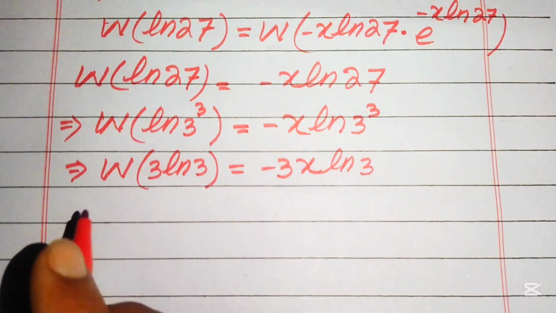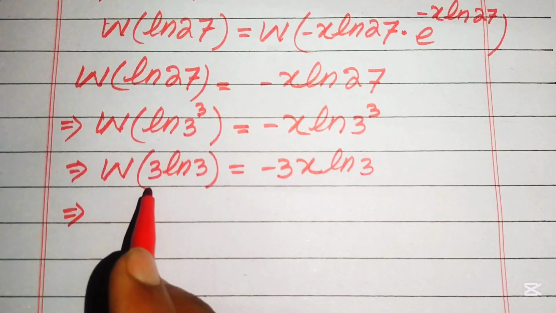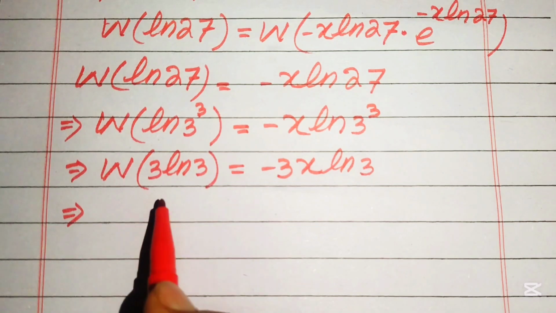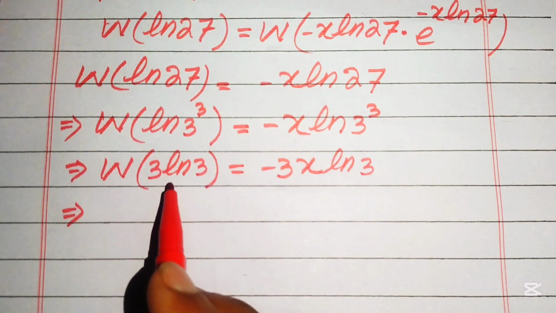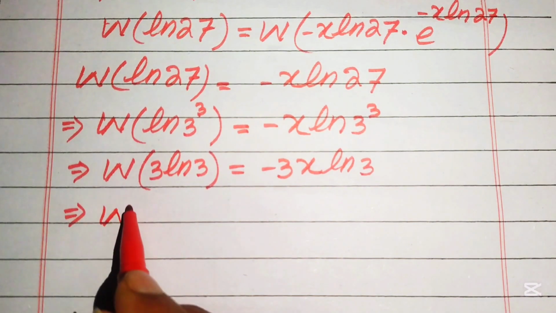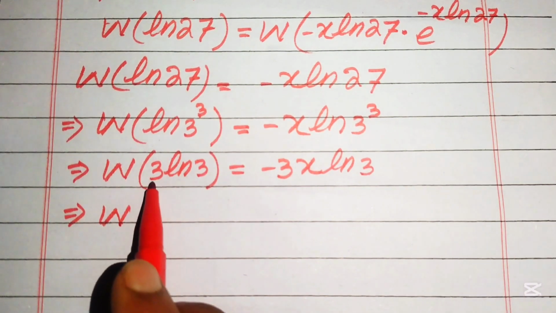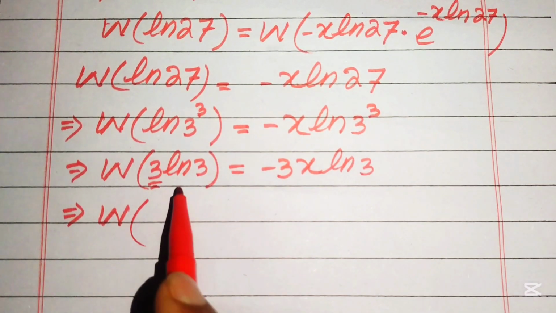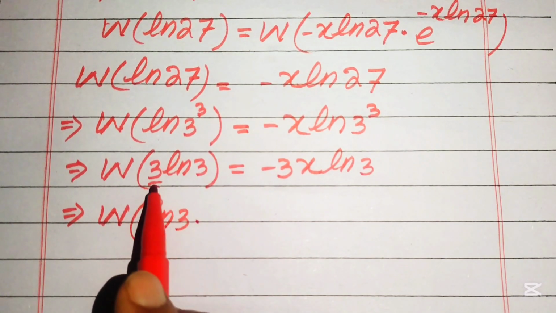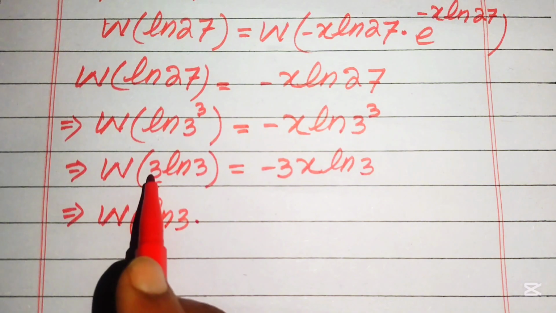Okay, so here on the left-hand side we first write this term in the standard form of the Lambert W function. In order to get the standard form, we need to make the exponential term with base e. So we apply the log and anti-log on this 3 only. We first write this log 3, and now we apply the log and anti-log at the same time on this 3.